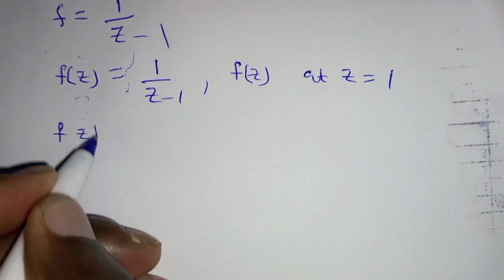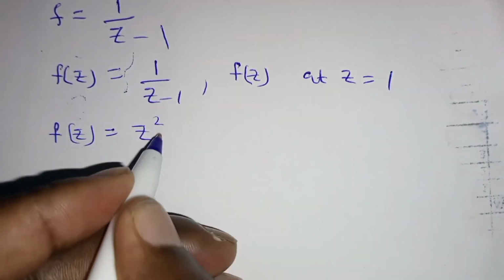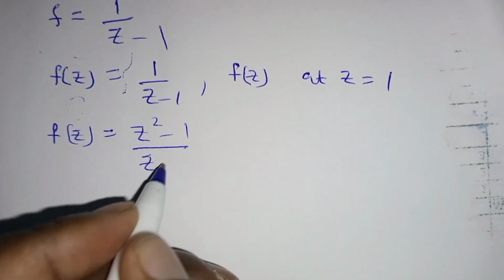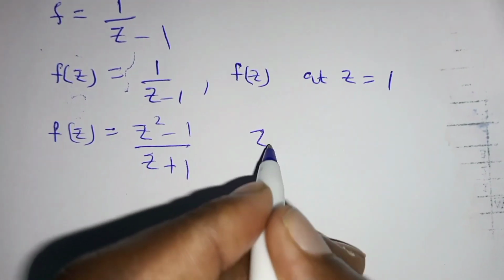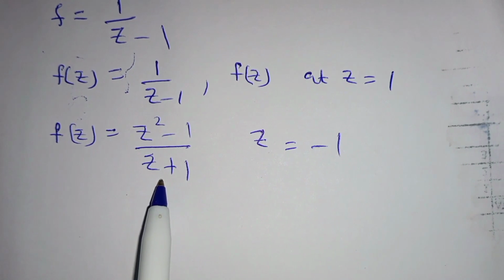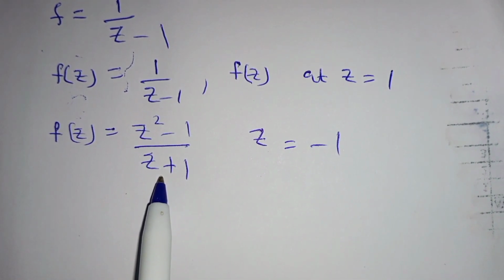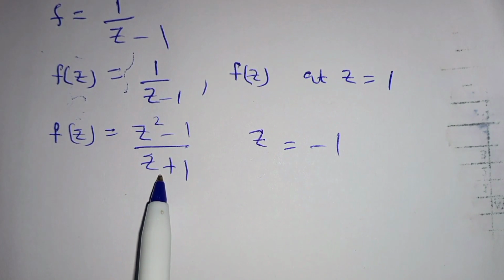So let us go to example 1 of a removable singular point. We consider the function f of z, which is equal to z squared minus 1 divided by z plus 1. When z is equal to -1, this function is not defined, and z is equal to -1 is a singular point. But this singular point can be removed.